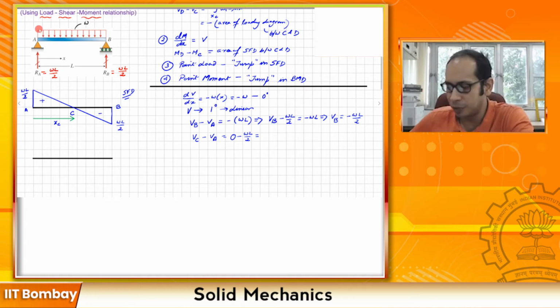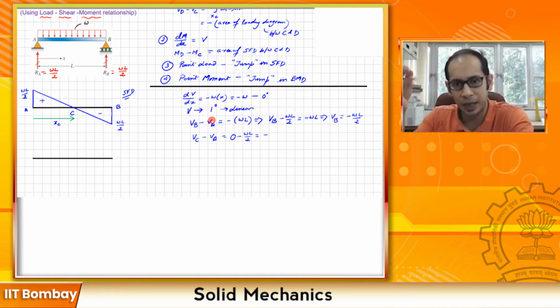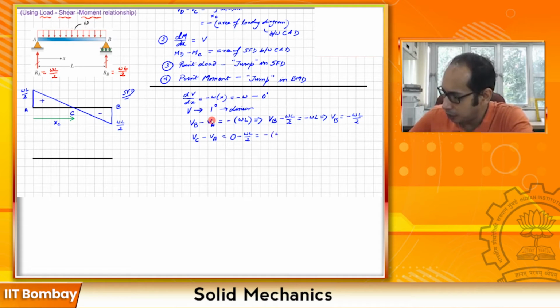Because W is a constant, and XC may be somewhere over here. Similar to what we wrote before, it is W times L over here. So 0 minus WL over 2 is going to be the negative of the area of the loading diagram between 0 and XC, so it is minus W times XC.